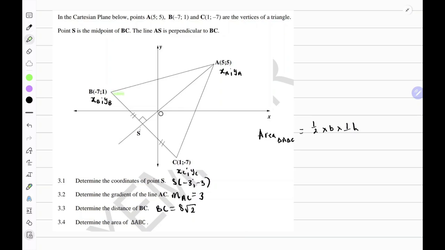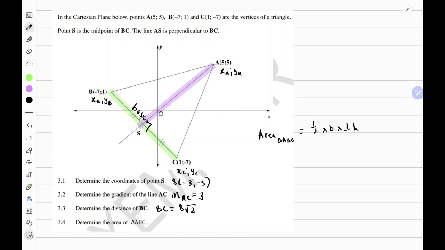The base of the triangle is given by BC, and the perpendicular height is this distance here, because it's perpendicular to the base. You should never make the mistake of using the slanted height. You always use the perpendicular height.